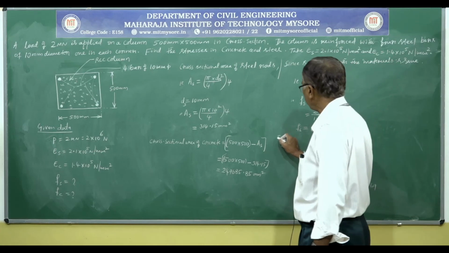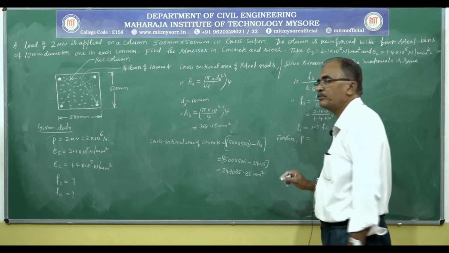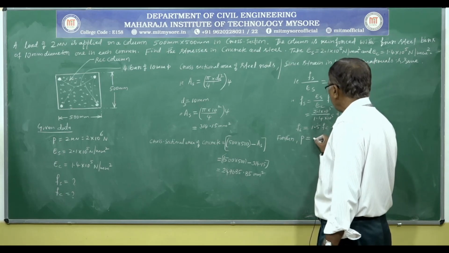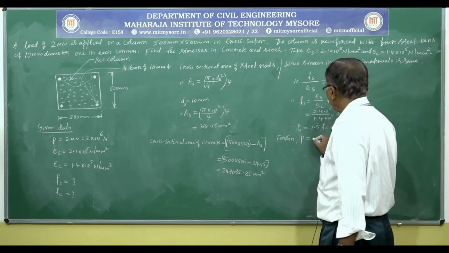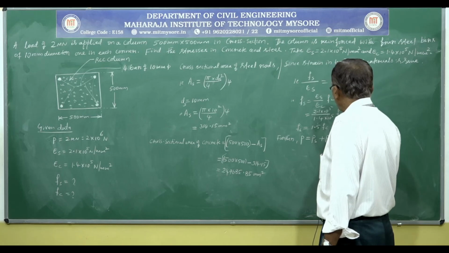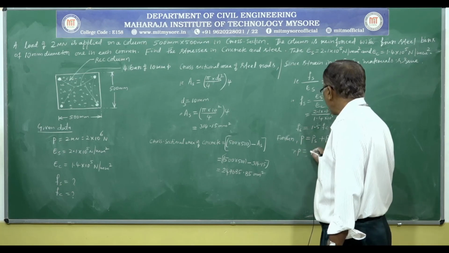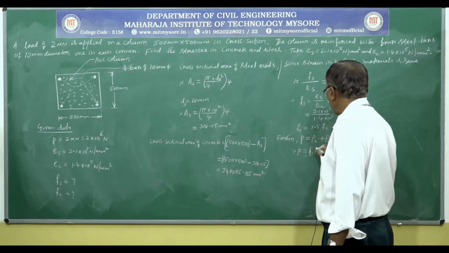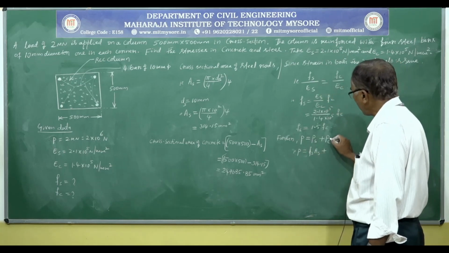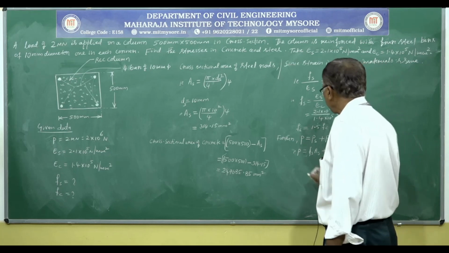Further, the load coming on the column will be shared proportionately by the steel and concrete. That can be written as P is equal to Ps plus Pc. That is, P is equal to Fs into As, stress in steel into area of steel, plus Fc, stress in concrete, into area of concrete.